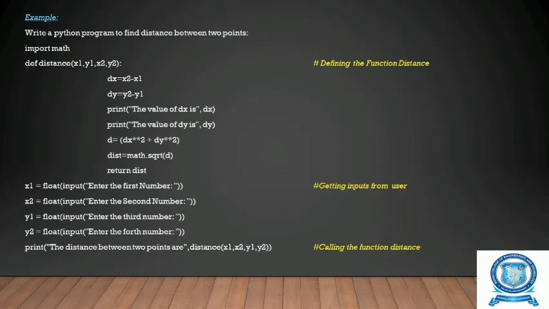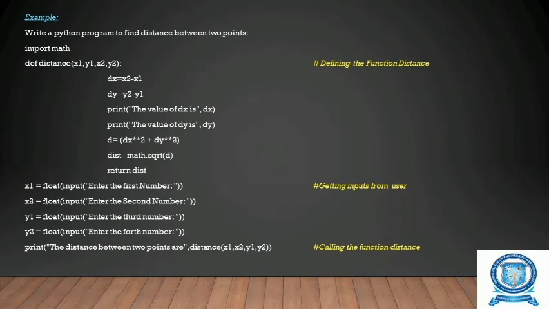Then we are printing the value of dx. The formula is d is equal to dx the whole square, given as dx asterisk asterisk 2, plus dy the whole square, given as dy asterisk asterisk 2. Then dist is equal to math dot sqrt of d, and we return dist here.